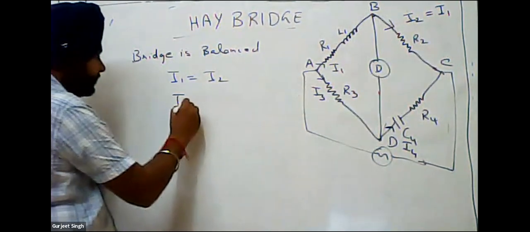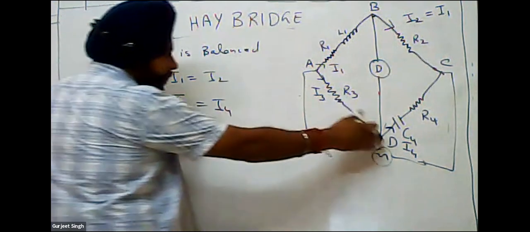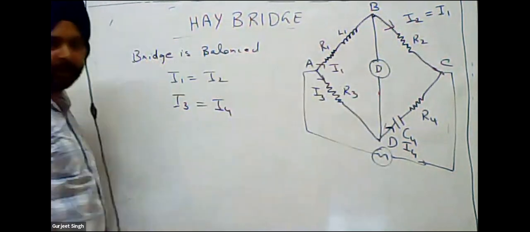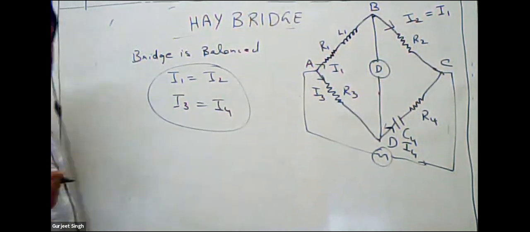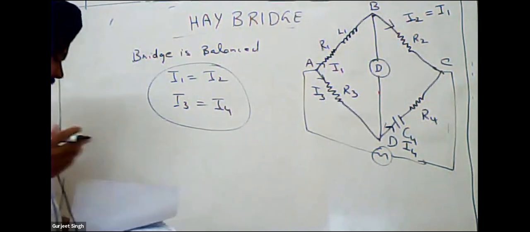If I3 is equal to I4, means no current will go to the detector D, then our bridge is balanced. Means I1 is equal to I2, I3 is equal to I4, then our bridge is balanced.